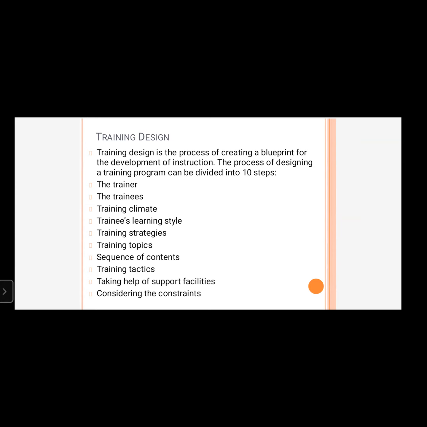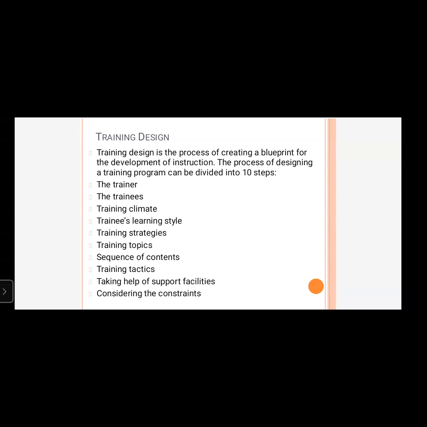Whether the trainer is the world's best trainer, it doesn't matter. What matters here is whether the trainees have learned the training needs during the training or not. If not, the trainer is not good. If yes, then everything in the training program was good.